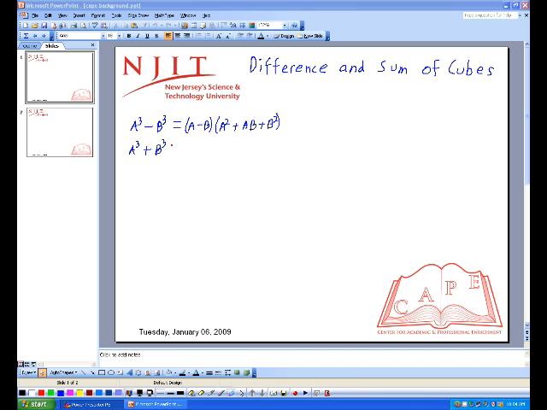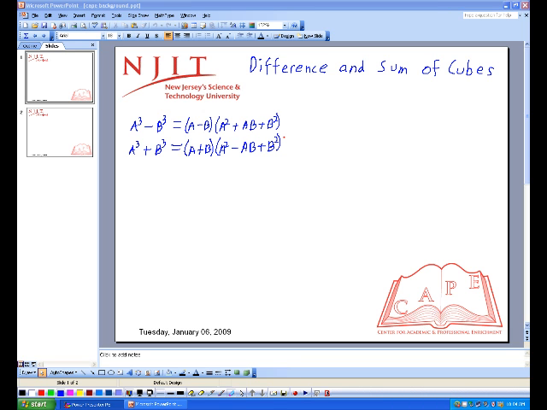Now the sum of cubes will equal a plus b times a squared minus ab plus b squared.